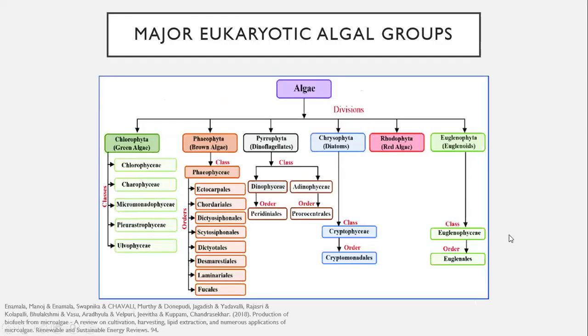All right. So there are some major eukaryotic algae groups here, and they can be classified based on color and pigments.